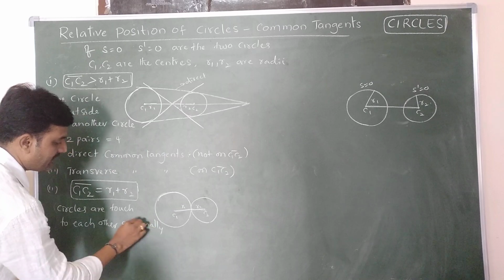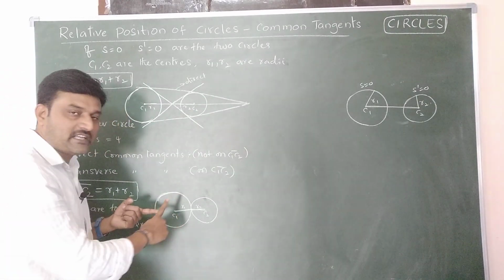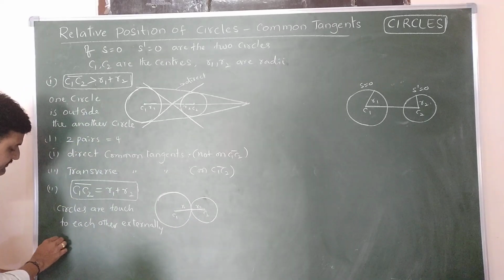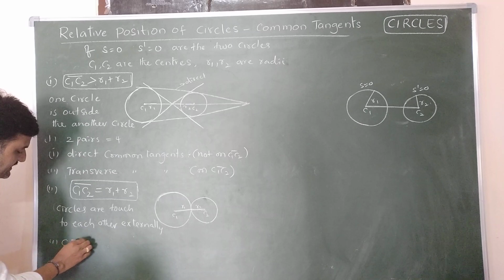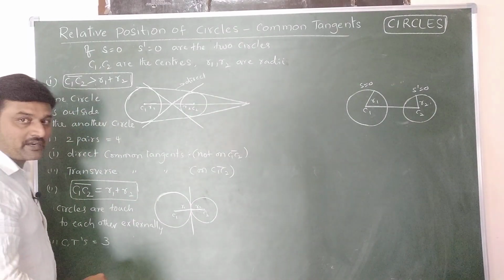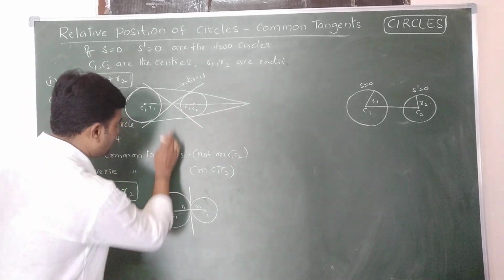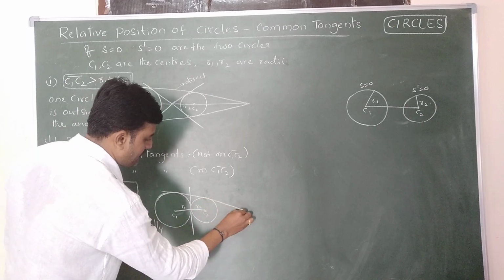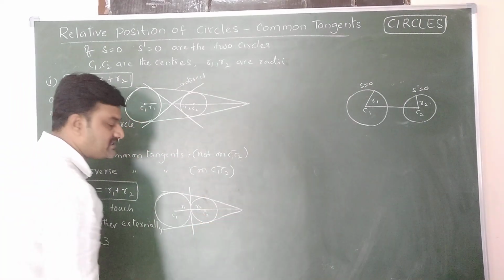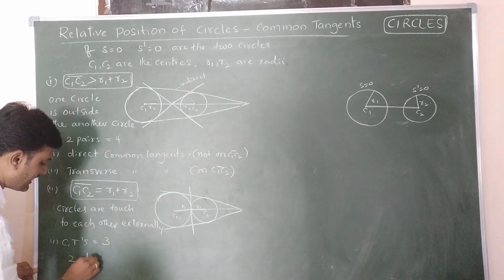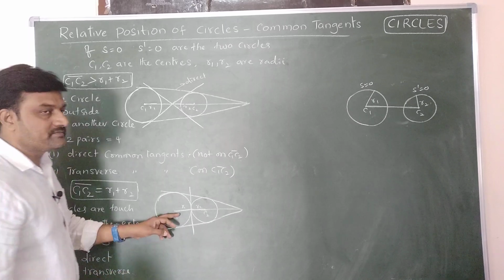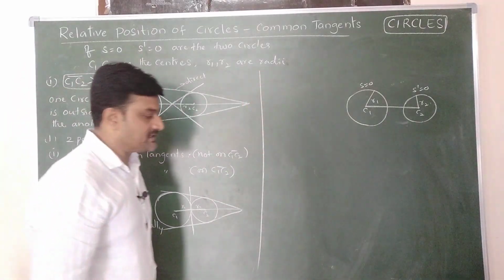The number of common tangents is 3. Only one is a transverse common tangent, and these are direct common tangents, whose point of intersection is not on C1C2. So 2 direct common tangents and 1 transverse.